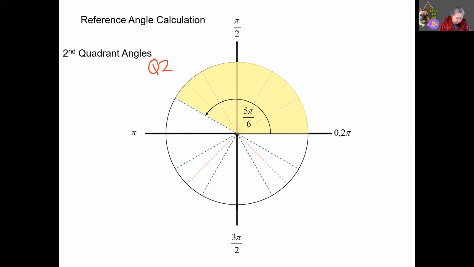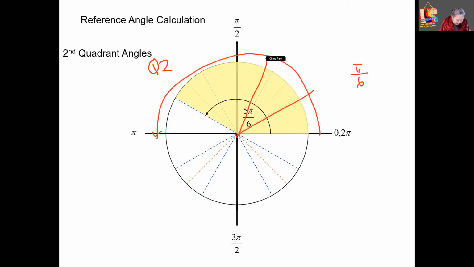How do I know? Now, pi over 6 means we divide from 0 to pi into exactly the same 6 pieces. 1, 2, 3, 4, 5, and then now I have that, right? Okay, so let's erase this. It's too much.